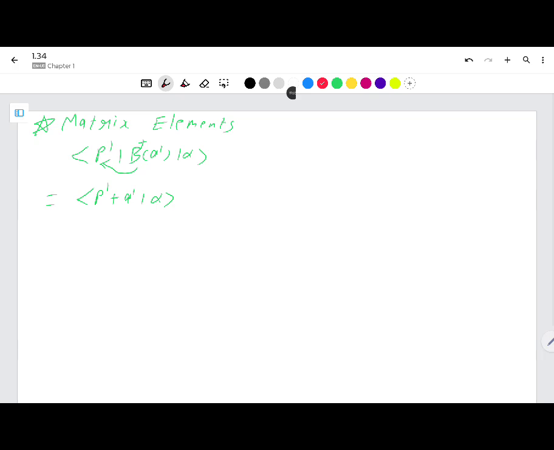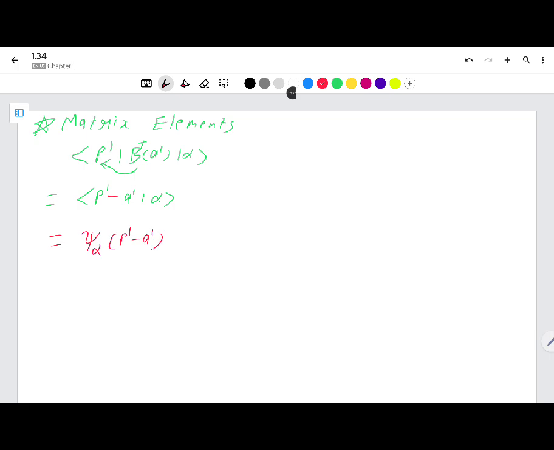So when B dagger operates on P prime, it gives us minus A prime. Sorry for these mistakes, and we can just write it as psi alpha P prime minus A prime.